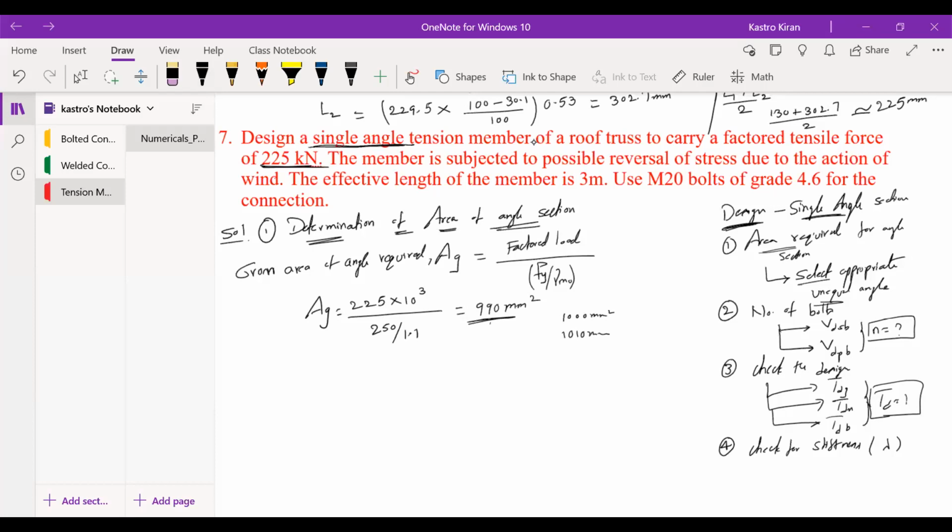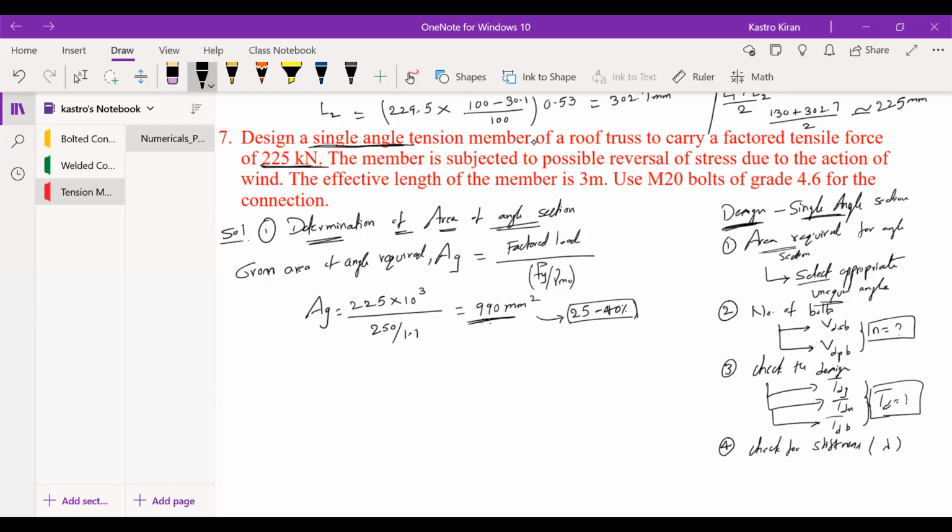Don't go for this. You have to go at least 25 to 40% greater than what is required.